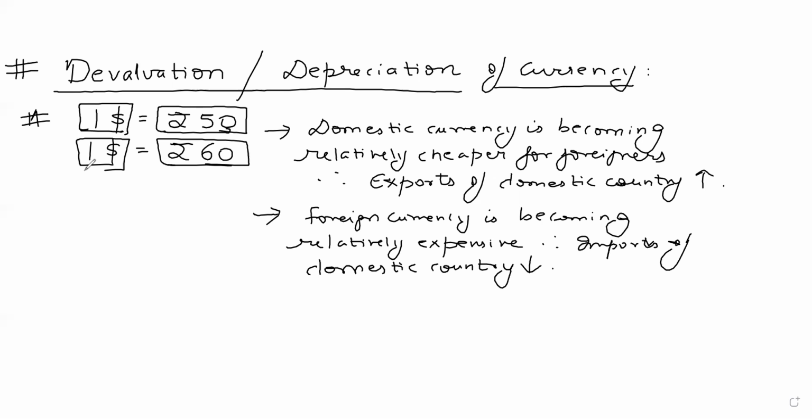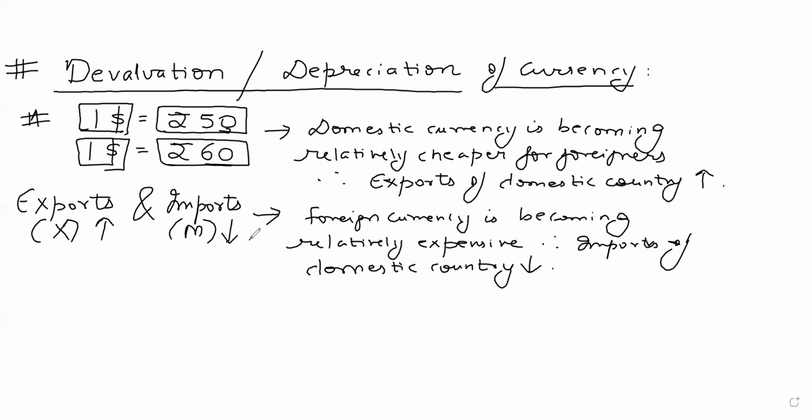Okay, so we can say that devaluation causes exports, denoted by X, to rise, and imports, denoted by M, to fall. So devaluation causes an increase in exports and a fall in imports.